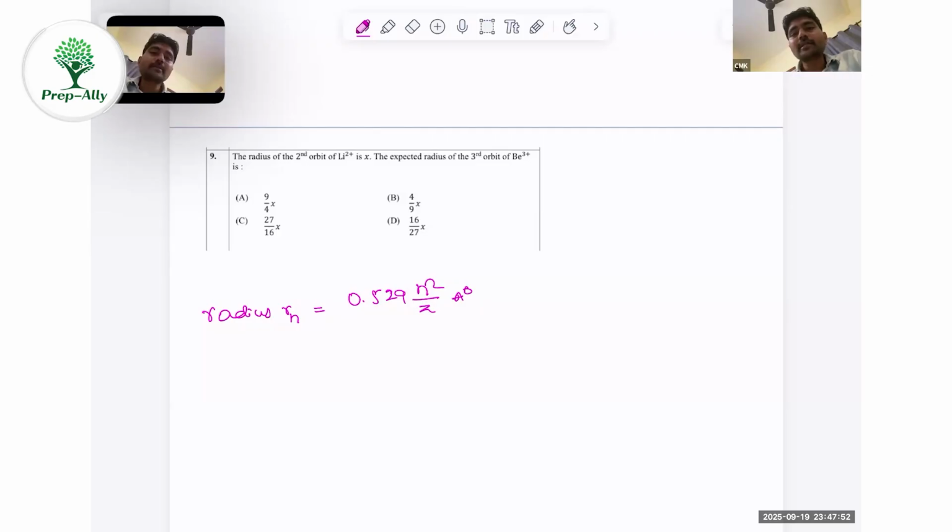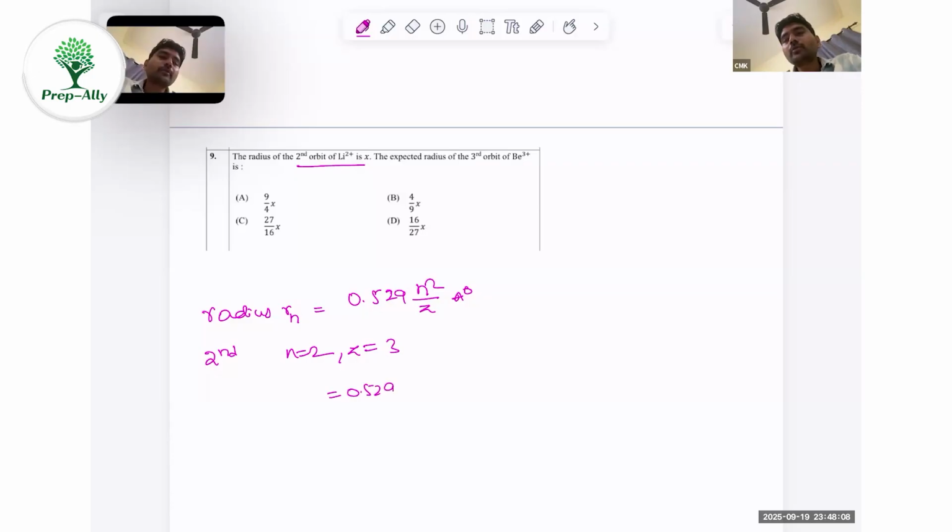For the second orbit of lithium 2 plus, n is equal to 2 and Z value of lithium is 3. So you substitute: 0.529 into 2 square by 3.